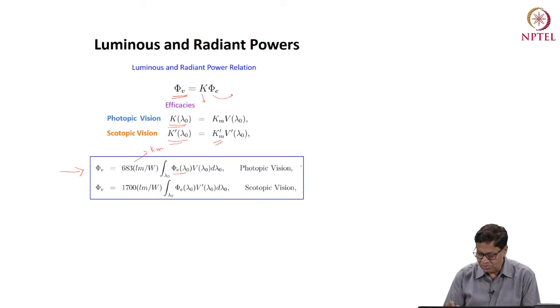This gives you the value of luminous power for the photopic. Similarly, we can find it for the scotopic vision, where the constant is different. It is Km dash, which is 1700 lumens per watt, and the eye sensitivity function is also different, which is V dash lambda.